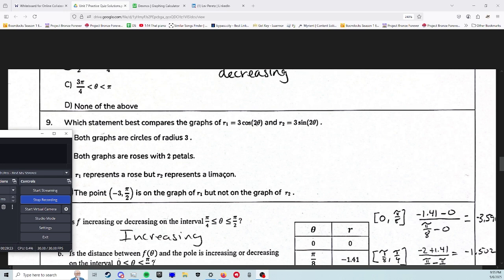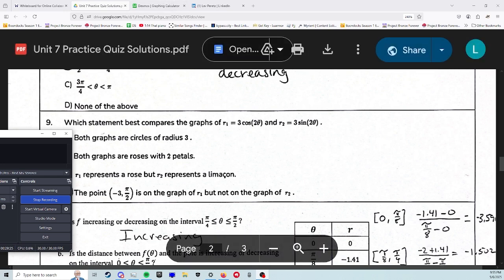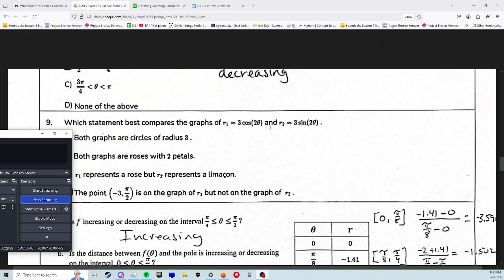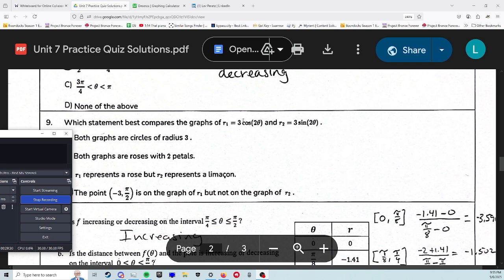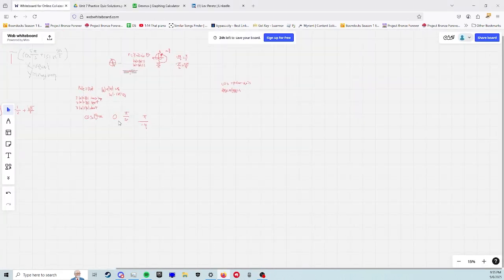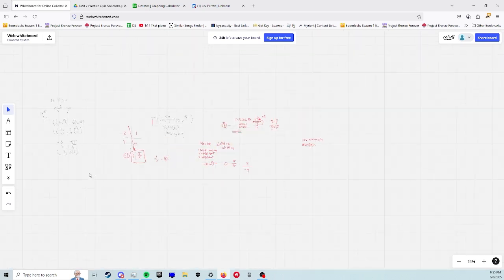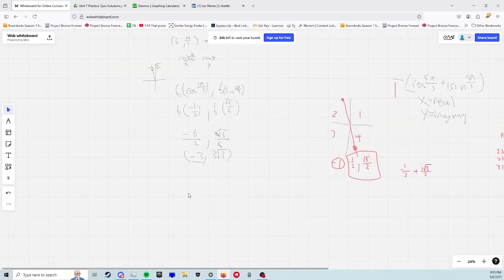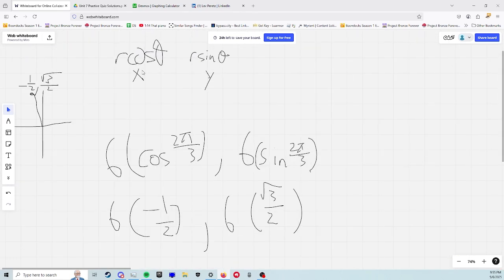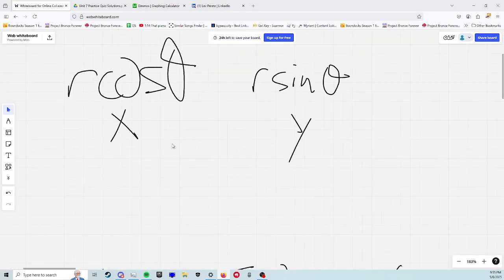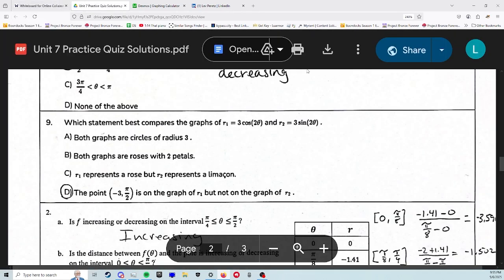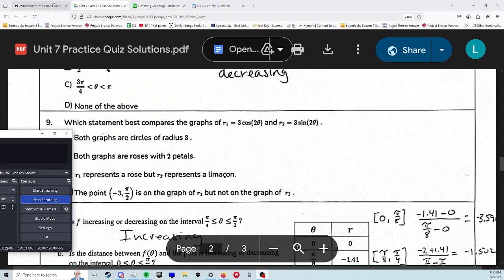These have petals because they have the theta terms inside and the r outside. They go back to, which equation is this? One second. Goes back to this equation, the same thing as this equation, so no, they are not circles.